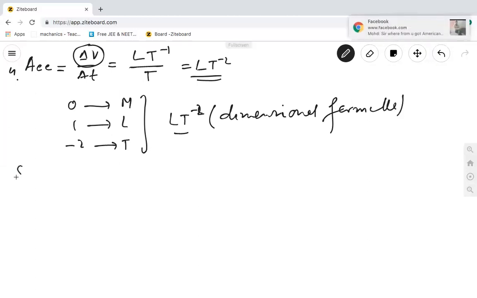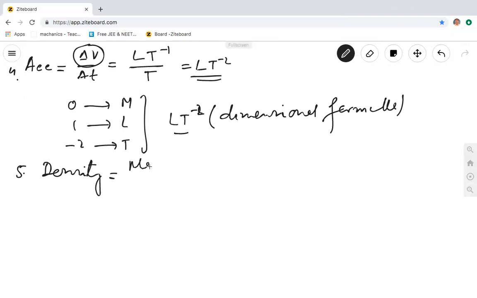Okay, let me go to the fifth. Let me go to density. First of all, we need to know the formula for density, otherwise we are not able to find the dimensional formula.